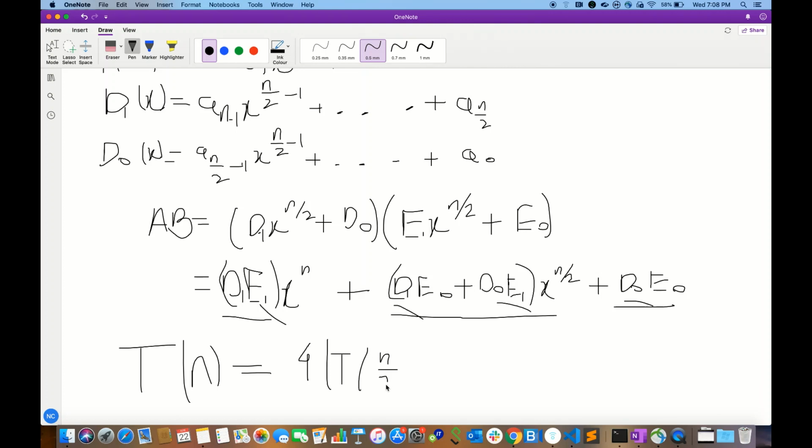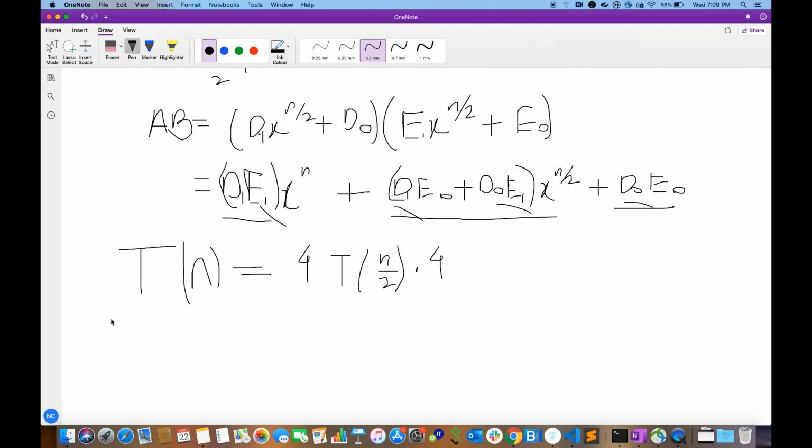After the first division, on each division, each node is creating 4 subproblems, because we are breaking into 4 subproblems and each of them takes T n by 2, because the problem is broken into half. So let me just drive you through an example of this.